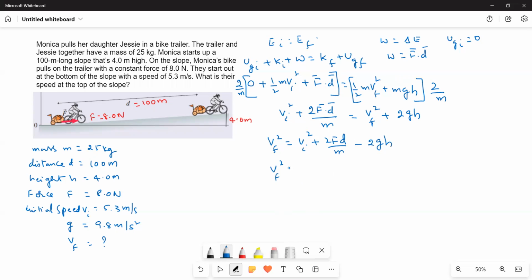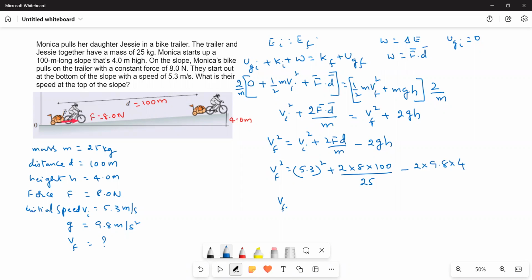Vf square is equal to Vi, which is 5.3, square plus 2 times the force, which is given as 8 newtons, so 8 into d, which is 100 meters, divided by mass, which is 25 kilograms, minus 2 into 9.8 into 4.